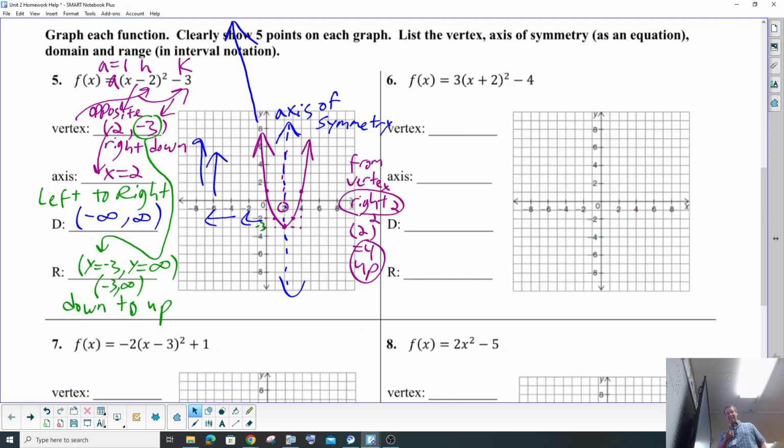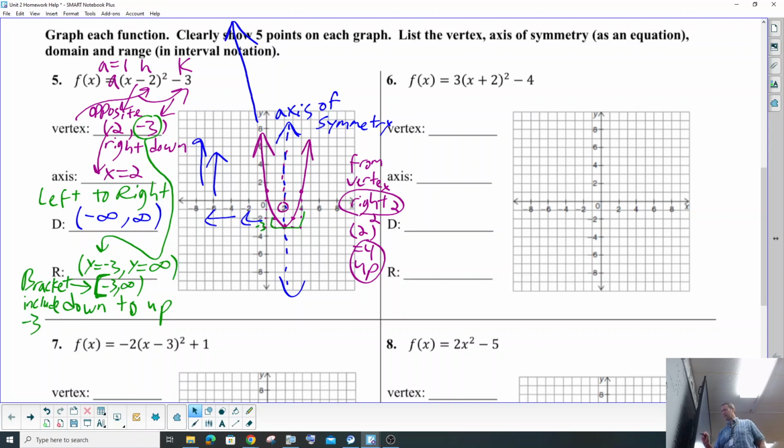But I made a mistake, and I might have made that mistake during class, first period. That mistake is that we include the -3. So this actually needs to be a bracket. B-R-A-C-K-E-T. That means we need to include it.